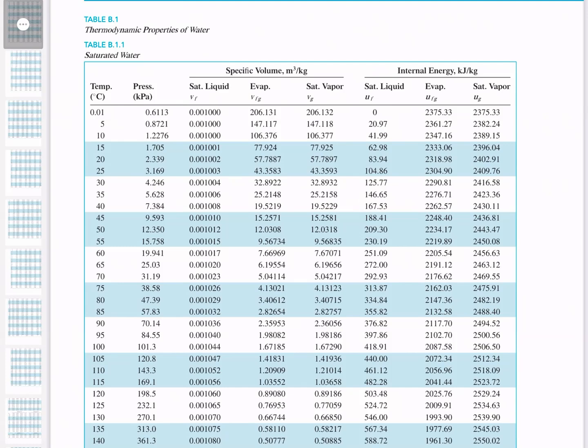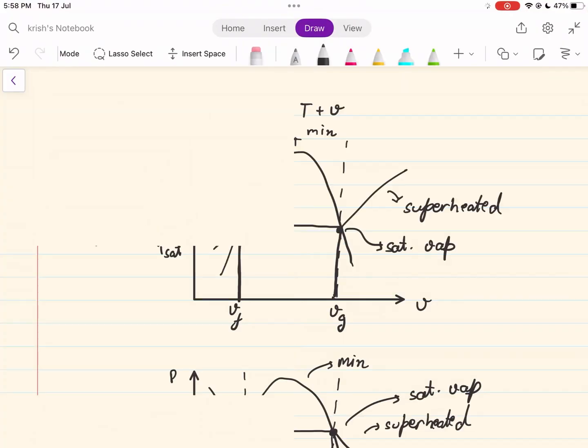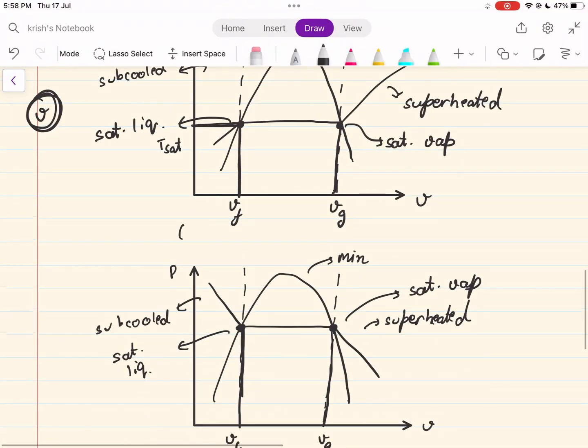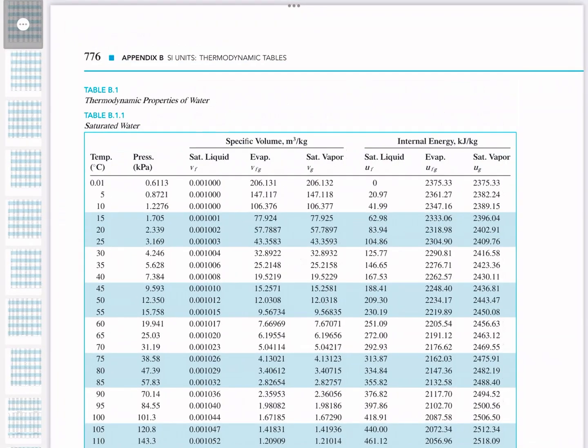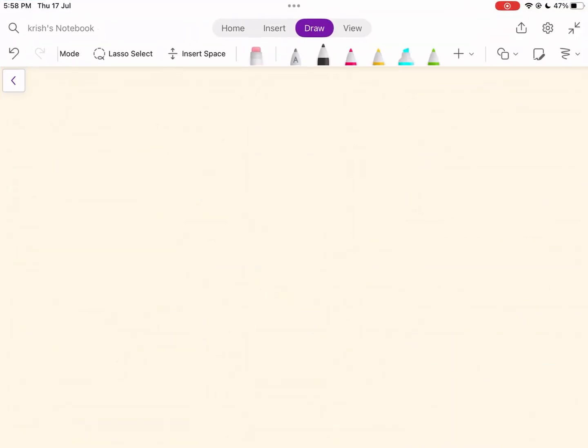So the value of vf at 25 degrees Celsius for water has been given. It is 0.001003. Let us write that down. vf is 0.001003. Similarly, vg is also given. The value is 43.3593.